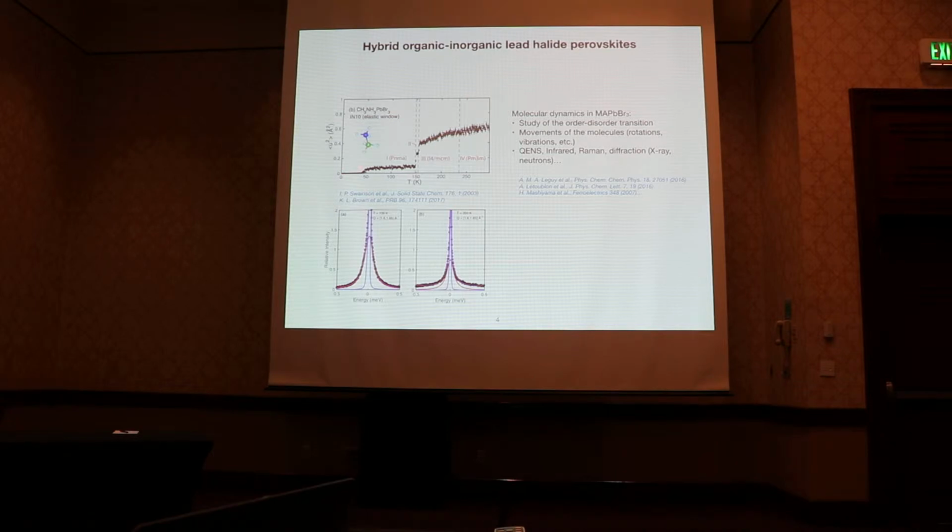At low temperature, the molecule is in its static order, and it starts activating around 50 K. Between 50 K and 150 K, the molecular dynamics consists of rotation of the amine and methyl groups around the carbon-nitrogen axis. And above 150 Kelvin, there's another step which corresponds to the full rotation of the molecule.